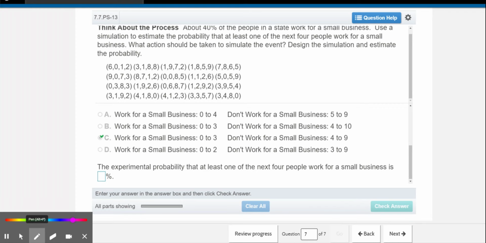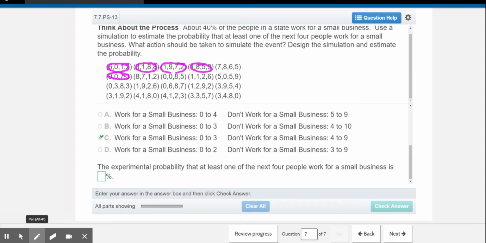All right, so is there at least one person 0 through 3 in here? Yes. Yep. Again, I'm looking for numbers 0, 1, 2, or 3, and I need at least 1 in there, right? Okay, so this last one, no one is between 0 and 3.